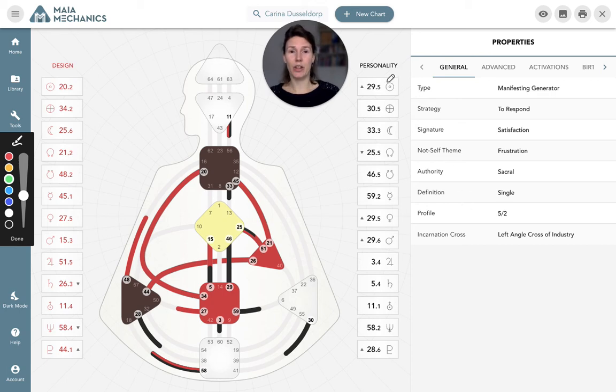It's based on the sun and the earth of the personality side and the design side. The sun and earth are like 70% of who you are. So the imprinting of the sun is 70%. So yeah, it's an important factor in your design.